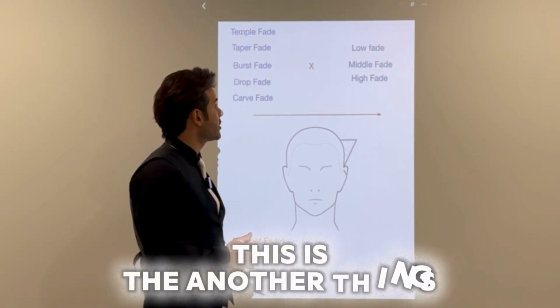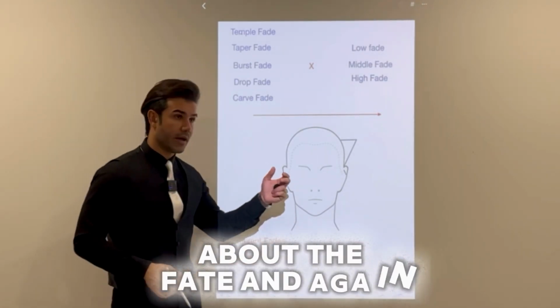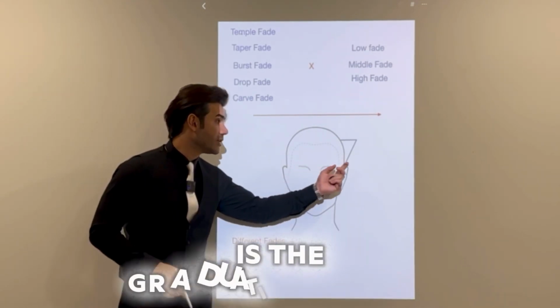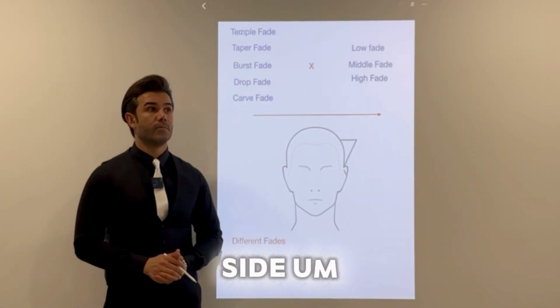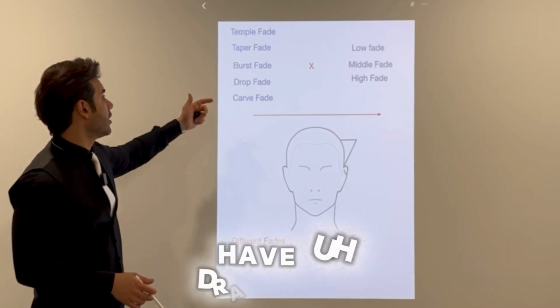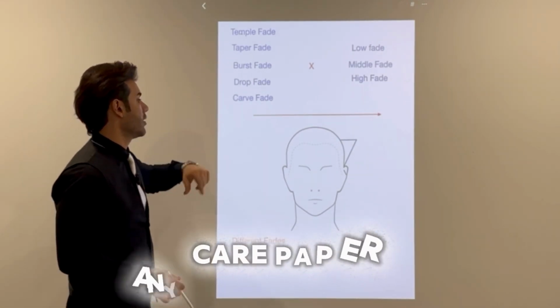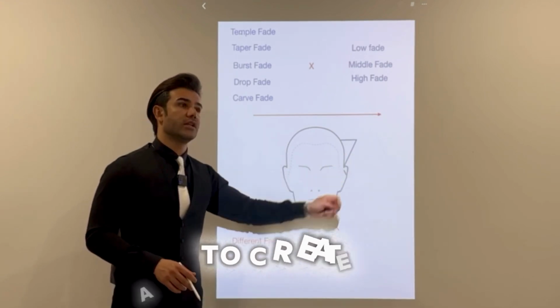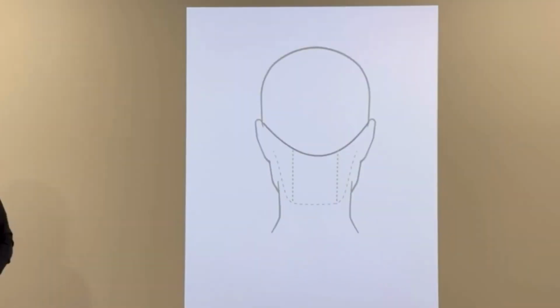This is another thing about the fade, and again I have to say this is the graduation on the side, and it doesn't matter which style we are going to have, drop, burst, curve, taper, anything, we must create a graduation on the side.